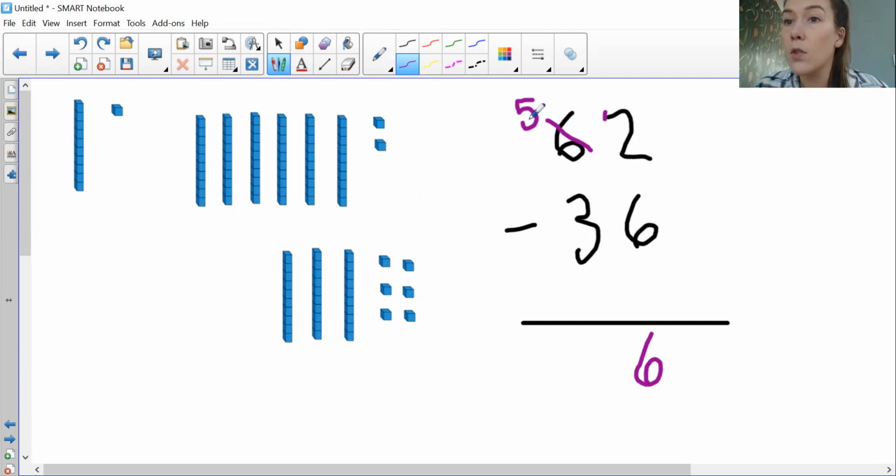And then 5 subtract 3. We've got 5, and we're taking away 3. It becomes 2, but obviously it's not a 2, it's a 10. So the 2 tens is 20, and that equals 26.